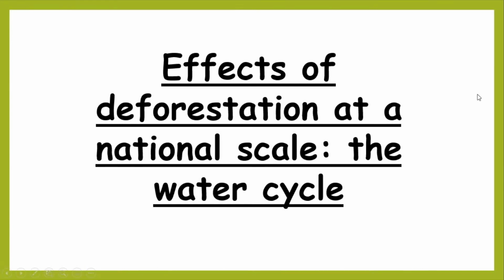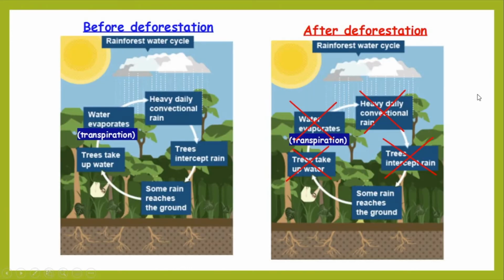Okay, so here is a before and after representation of the water cycle, of the hydrological cycle, before and after deforestation. Here's a water cycle, minding its own business. Now the rainforest, in a way, actually produces its own rainfall. As I hope you can remember, if you activate your prior knowledge, when trees photosynthesize, yes, they take in carbon dioxide and they release oxygen, but they also release moisture.